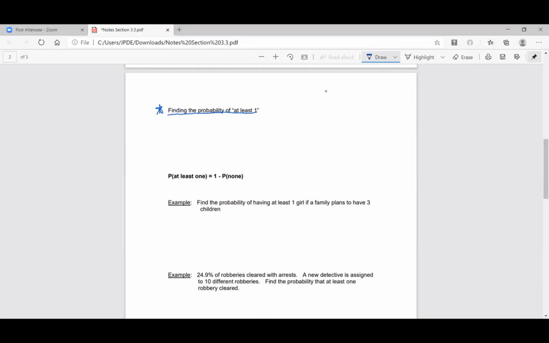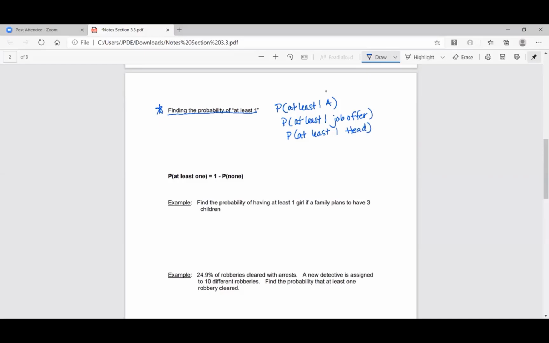And maybe I should say something like finding the probability of at least one A on your report card, or finding the probability of at least one job offer, or finding the probability of at least one head when you flip a coin.